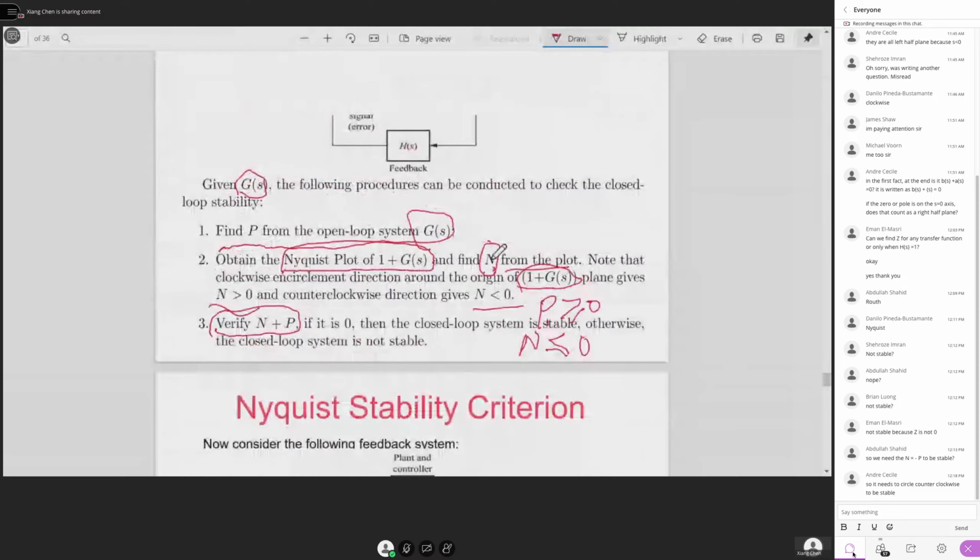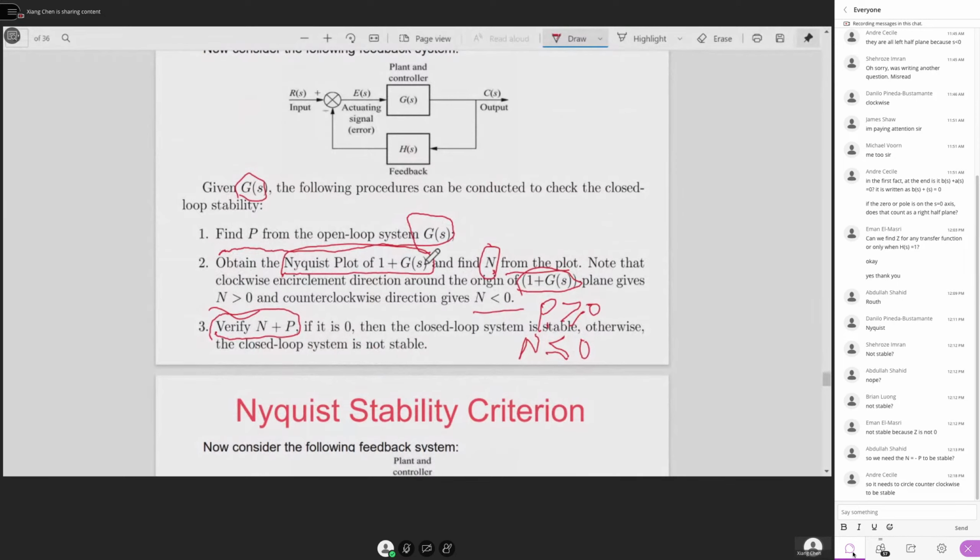Now, you see here, we are evaluating 1 plus G of S. But you're going to say that we already know G of S, and the difference between 1 plus G of S and G of S is only 1. So why not just stay with the G of S plane? Why should we talk about the 1 plus G of S plane?